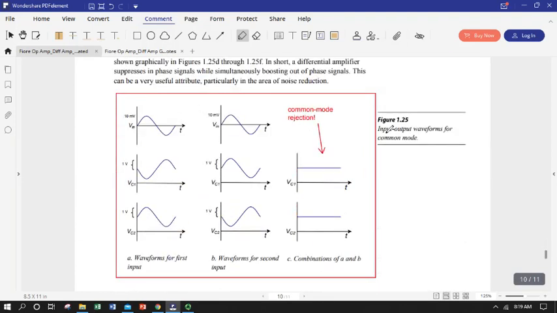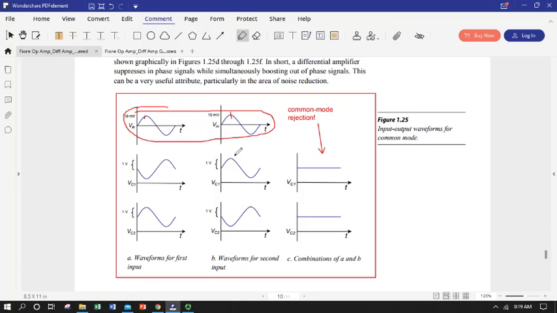So we're going to start with what's known as common mode. We're going to put an input signal in on amplifier 1 and on amplifier 2. They're the same magnitude and they're in phase. That's represented by these two inputs. So the collector output at collector 1 as a result of this input is going to be out of phase, and collector 2 it's going to be in phase, just like we saw with our single input derivation we just did.